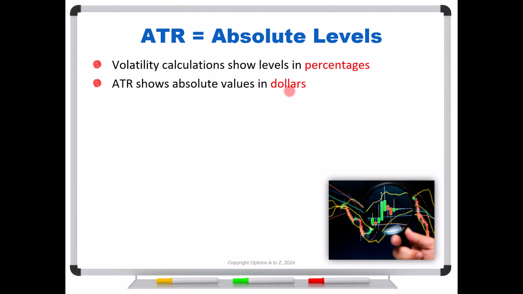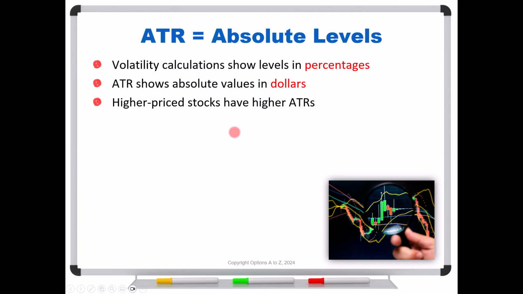So the main thing to understand is that if you're looking at the ATR for Apple, you can't really compare it to the ATR for NVIDIA and say that, oh, this one must be greater. It might not really be true because we have to consider the percentages, but ATR does not do that. So another thing to remember is that higher price stocks will have higher ATRs simply because they typically move more.